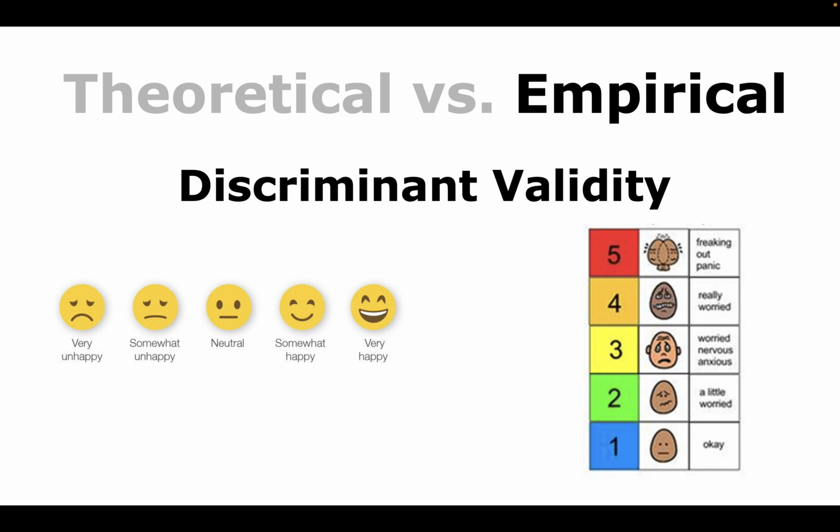In other words, you could have your subjects respond to how they're feeling right now about something with the scale, and then you could ask them their level of happiness, and you could make the assumption that they should not be equal, that a very happy should be more in the okay or maybe a little worried, and not the freaking out or panic, not the 5. So those should not correlate with each other, or they should have a negative correlation.